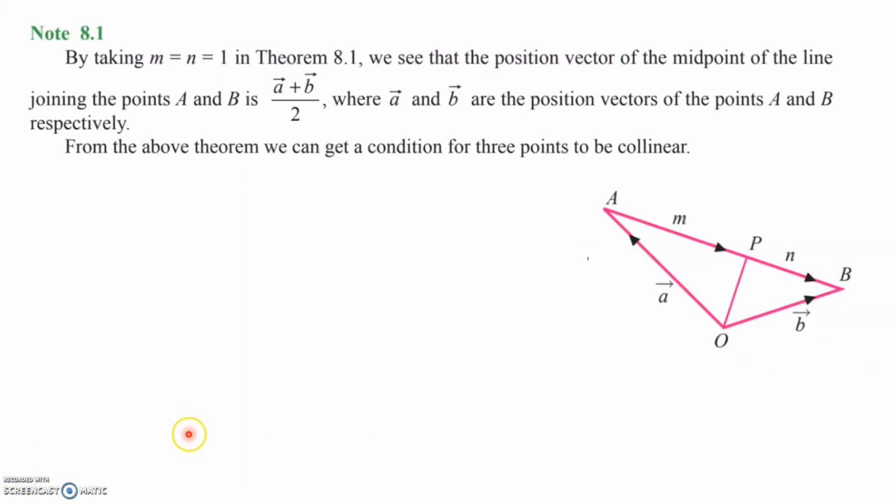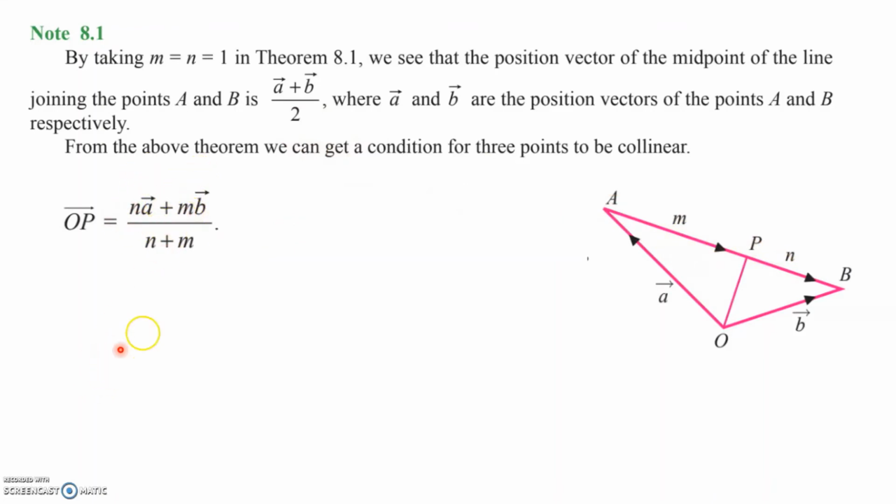Further, we can derive that if m is equal to n, then according to our theorem, which is OP vector equals n A vector plus m B vector divided by m plus n. But since m is equal to n, you will replace n and m with 1.